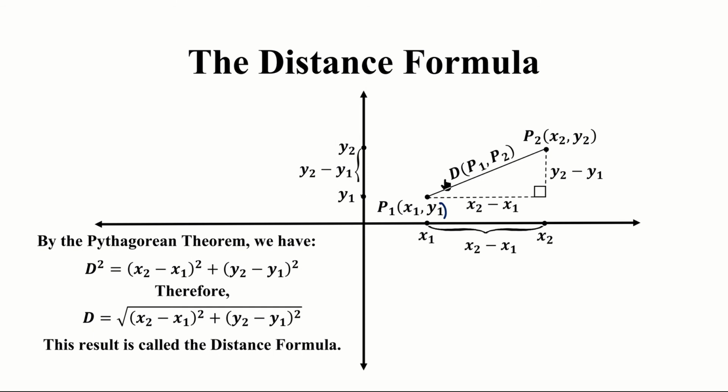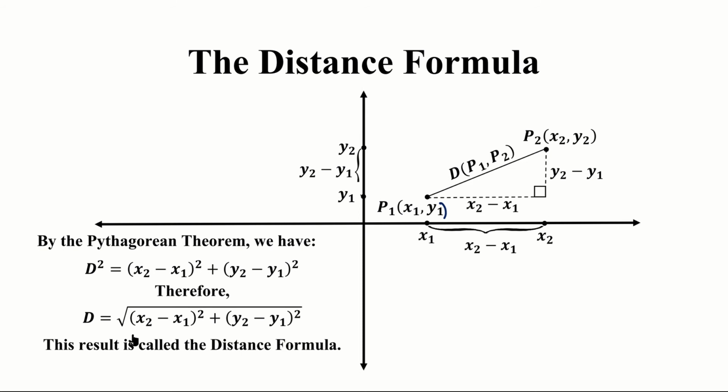Now, if this distance is the one that we're interested in, the distance between the points P1 and P2, then the square of that distance is going to be the sum of the squares of these two legs, right? So quantity x2 minus x1 squared plus quantity y2 minus y1 squared. Since we're interested in the distance itself, we're going to apply the square root property.